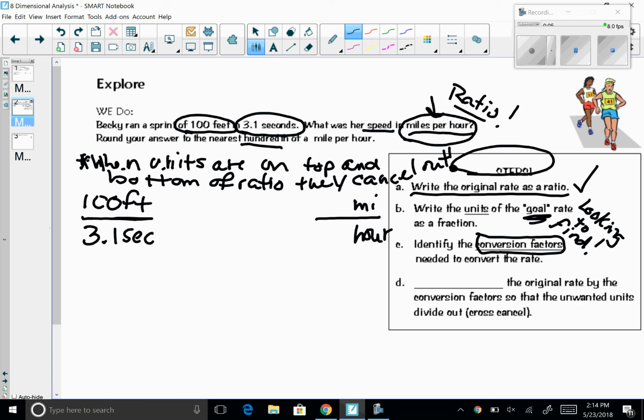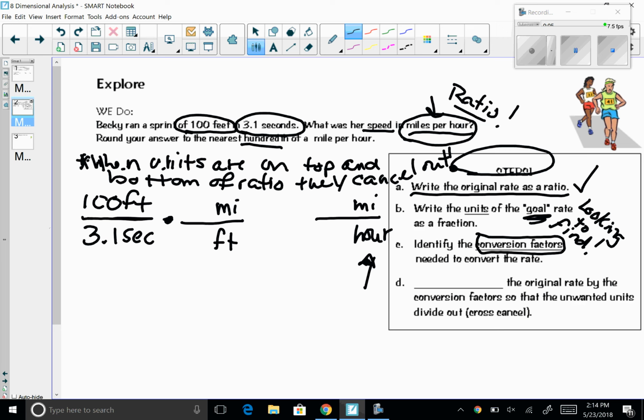That's really important to remember. So we want feet to cancel out because we're not looking for feet in our final answer. So I'm going to look for something that's going to have miles on top because that's what I want at the end. And I want my feet to cancel out. So I'm looking for some sort of a representation of miles compared to feet.